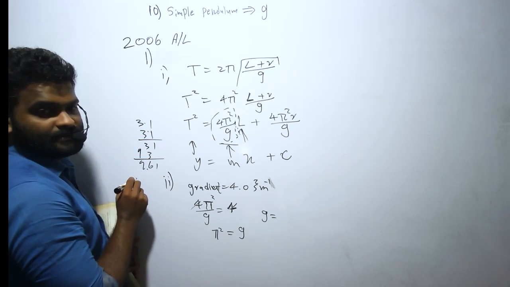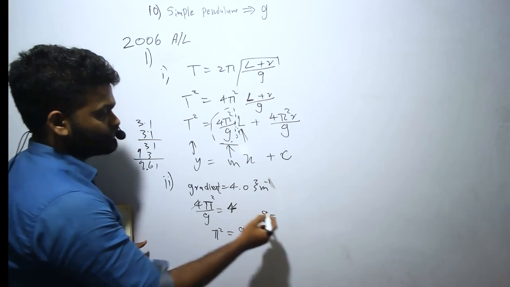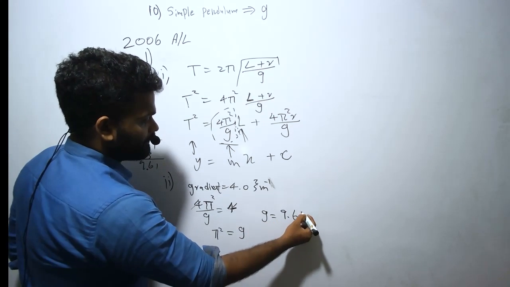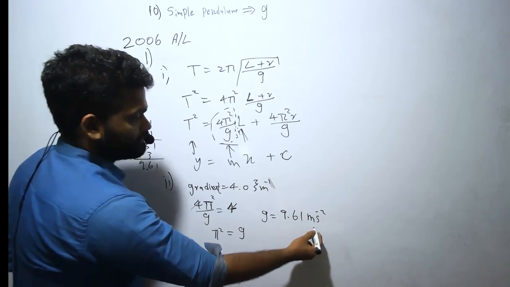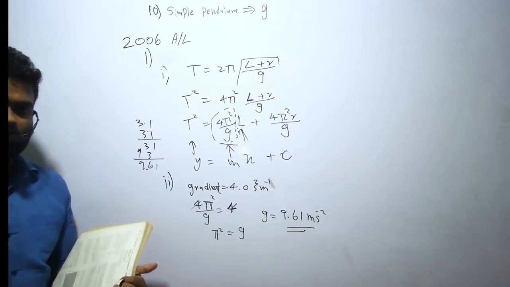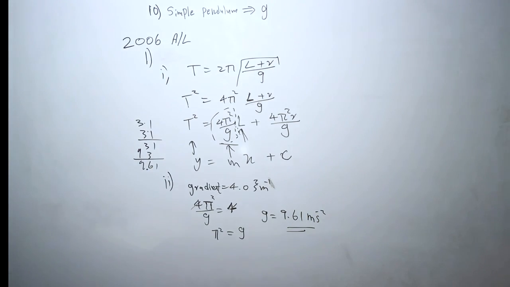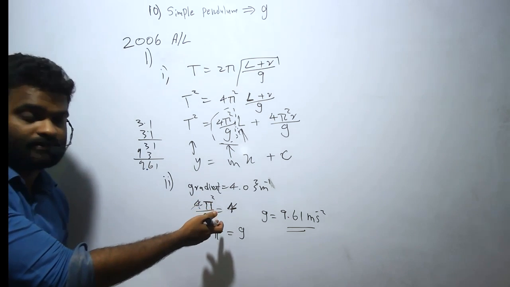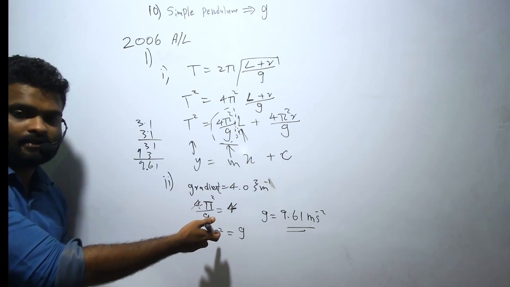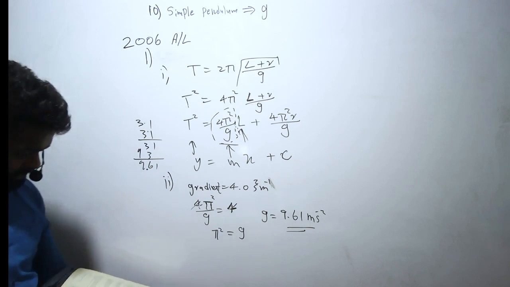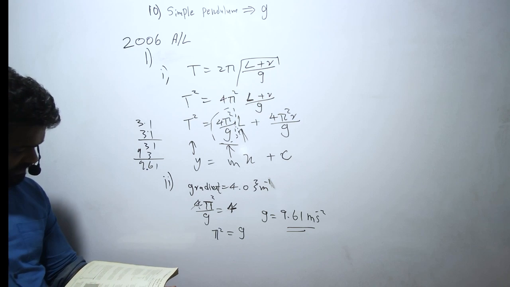There are two decimals, so it should be 9.61. This is g. But if you put 22 over 7, this gets complicated, right? Understood? We don't need any complications.